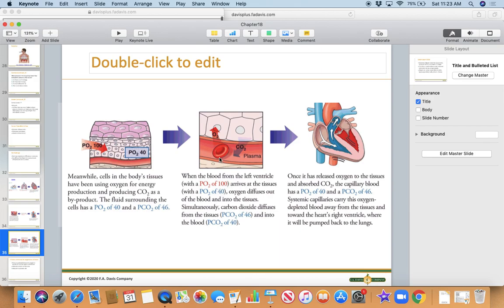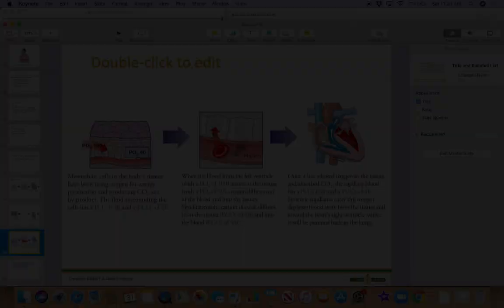So in the tissues, oxygen diffuses out of the blood and carbon dioxide diffuses into the blood. And then this blood is going to go to the right side of the heart and then go to the lungs and get more oxygen, and this process just repeats itself all day long, your whole life.